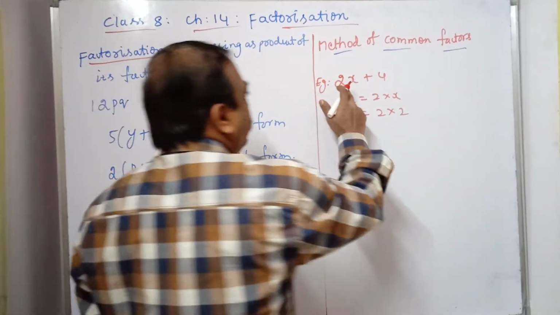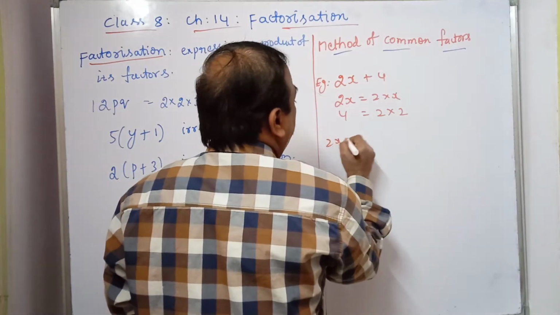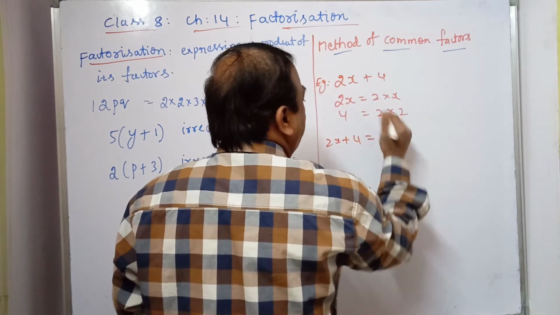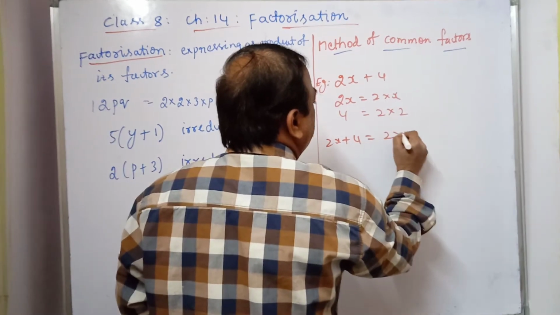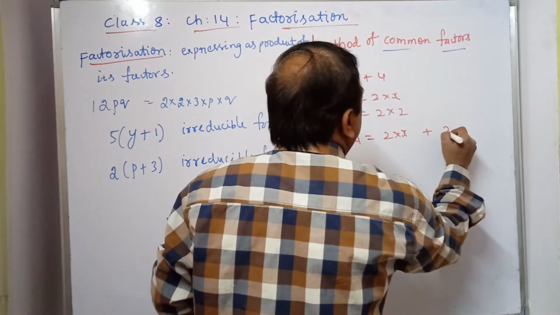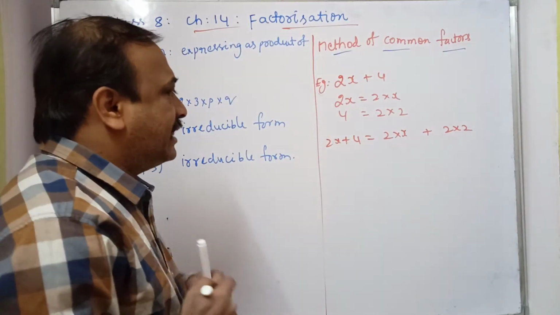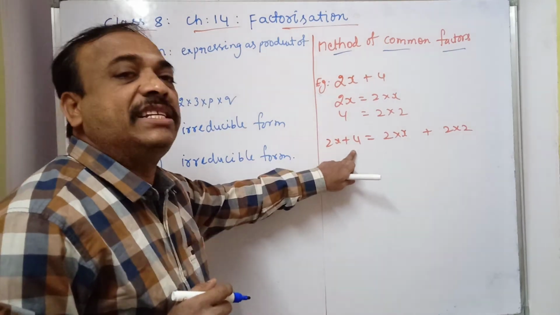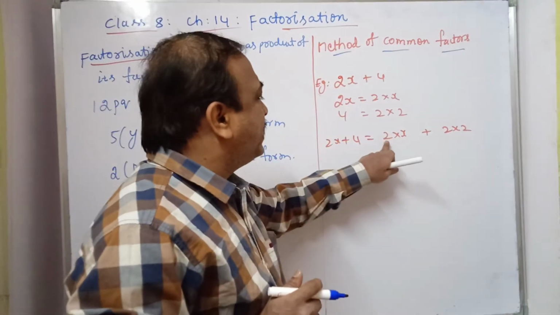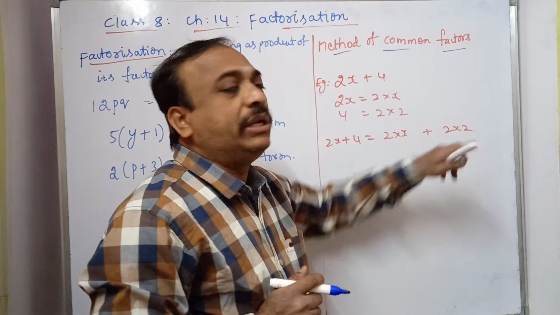Now you see here, 2x plus 4. First, 2x we wrote as 2 into x, plus 2 into 2. This is the algebraic expression which is given, and we are expressing it as 2 into x plus 2 into 2.